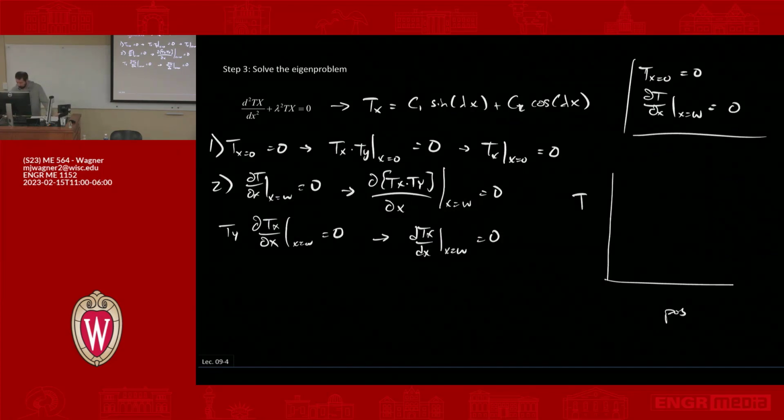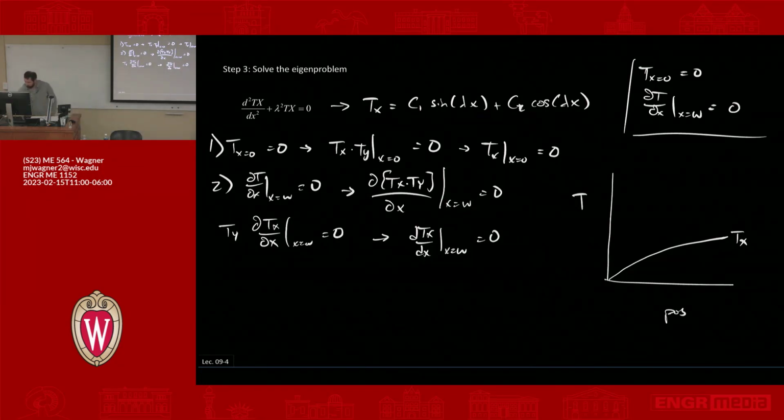What this is actually saying is, for this problem, I have some function, maybe it looks like this, and this is T_x. This function has special properties. For one, its temperature is 0 at x equals 0, so that's homogeneous. Two, despite my drawing, dT/dx at x equals w is 0. So this is a homogeneous boundary condition temperature profile.